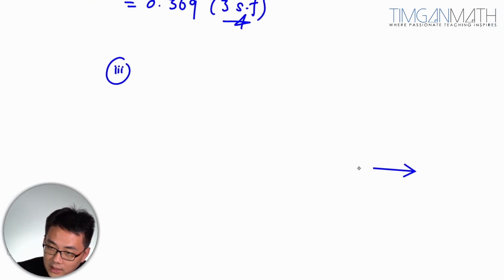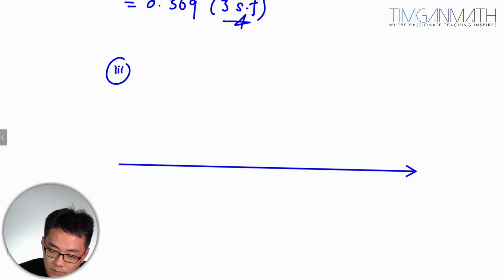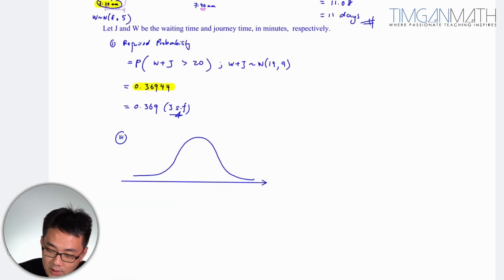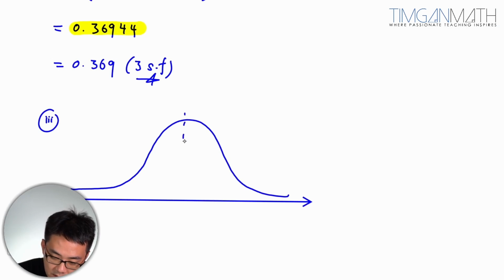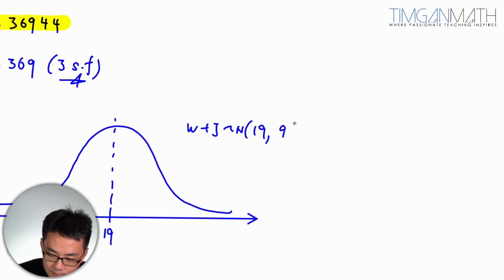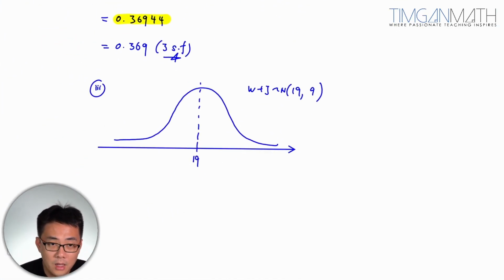Now you know that your travelling time is essentially W plus J. I'm just going to use W plus J here, which means this is 20 minutes. Okay, so this is W plus J, normally distributed of 19 and 9. Okay, so where should you cut your 5%?